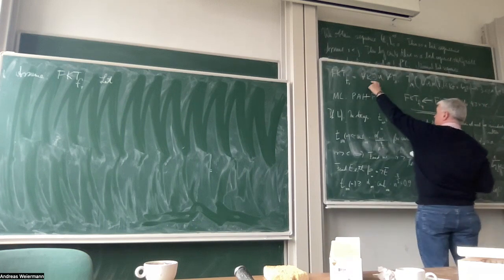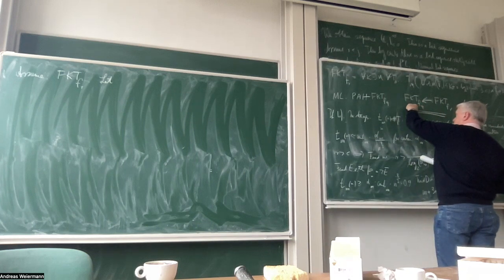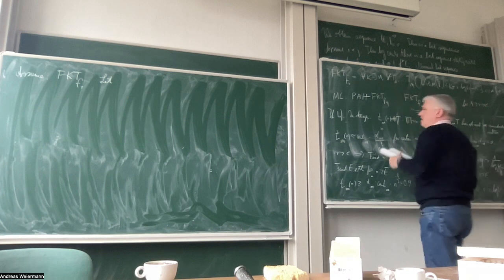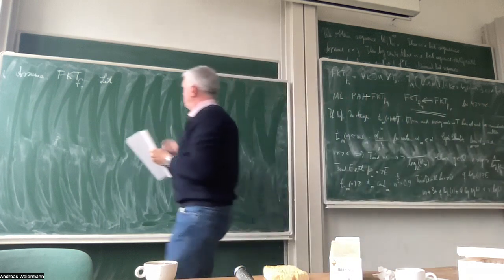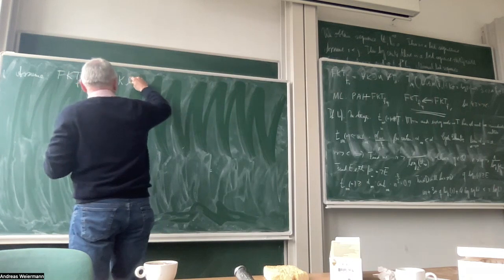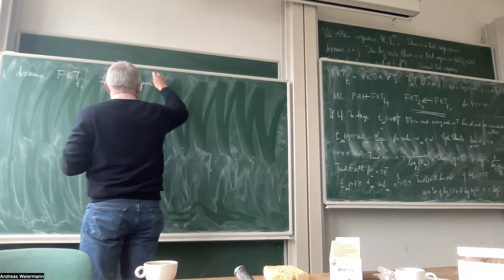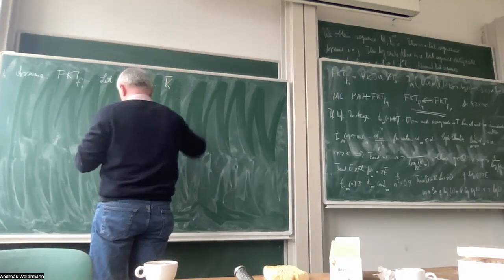I take a K for this assertion. And this K is transformed. So let K be given. Then make K a bit bigger, K bar.